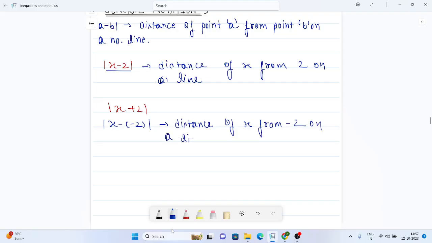This is how we interpret this expression always. So this is the general one: distance of point A from point B on a number line. So note down this, then we move forward and see which types of questions are asked in absolute value.